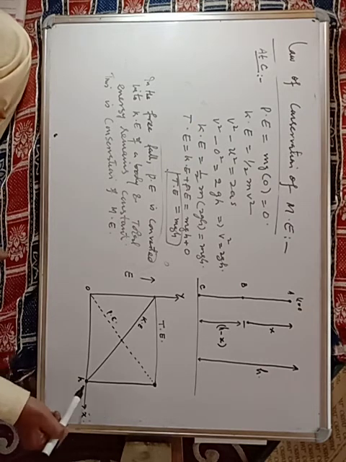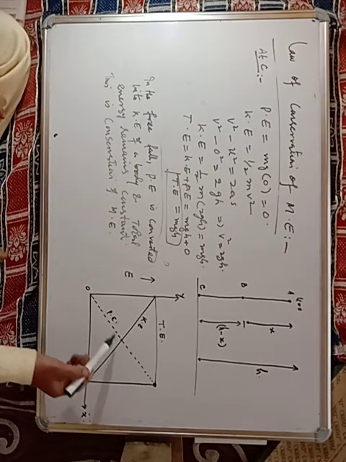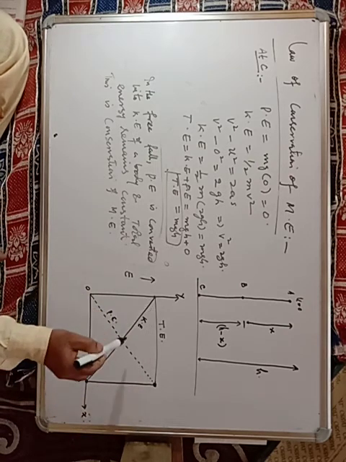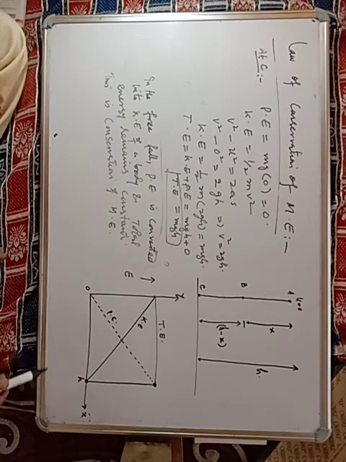Again, when h decreases, potential energy decreases, but at the same time kinetic energy increases. At the point of intersection, the energies will be equal, half potential, half kinetic, right? So at every instant, total energy of the system remains constant, right, and is equal to mgh that you have proved.